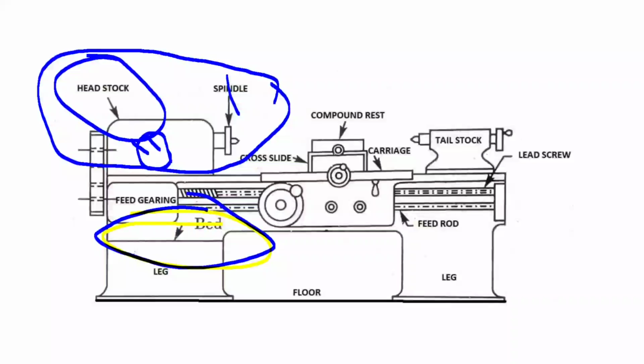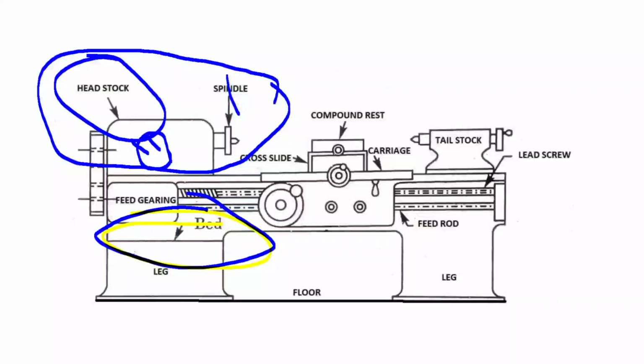Third is the back gear and lever. Fourth is the live center, and fifth is the feed reverse lever. So these are the things which are inside the headstock. These are the parts of the headstock.